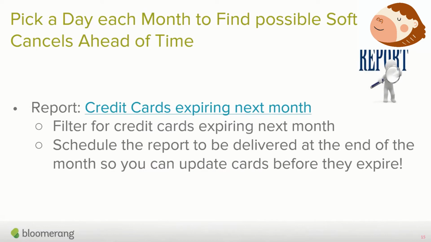But if you like to get ahead of that and you want to see what's expiring next month, and you can also use it as an extra touch point with the donor, it's always good to check in with them as well. You can create this report in Bloomerang to filter for credit cards that are expiring next month. What I love about this is that because you're creating this report in Bloomerang, you can schedule it to get sent out.